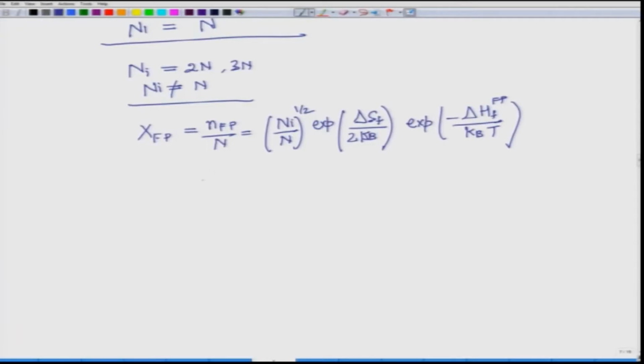Actually, the more general form of this equation would be something like this, where NFP is equal to Ni times n to the power 1 by 2. Oh sorry, I have missed a factor 2 here, it is 2 over here, and I will come to that in a moment. First let me complete this equation.